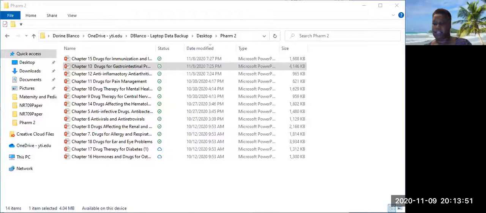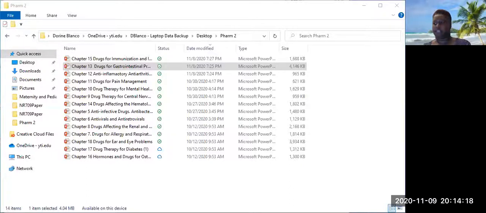So let's take a look at some of these anti-emetic drugs. These are very common for nausea and vomiting within the GI system. This slide shows digestive system functions, structures, protective factors, and other variables that you will see within the GI.